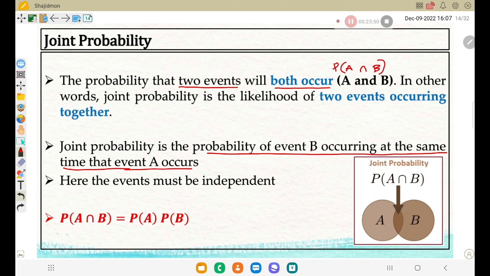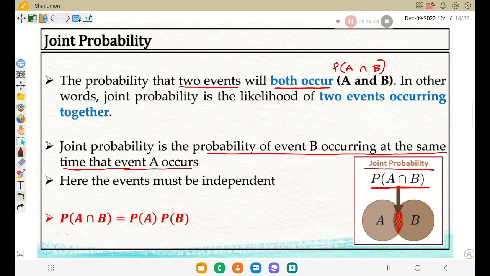That means both events occurring together, probability of A intersection B. See in this picture, probability of A intersection B. This is the meaning of joint probability: the probability of this intersection portion occurring, both occurring at the same time.